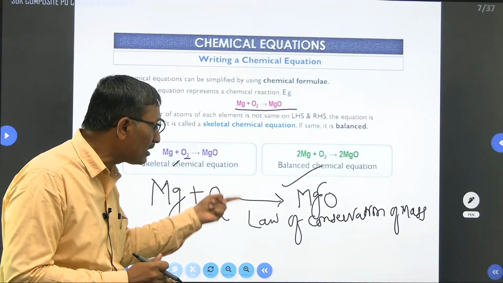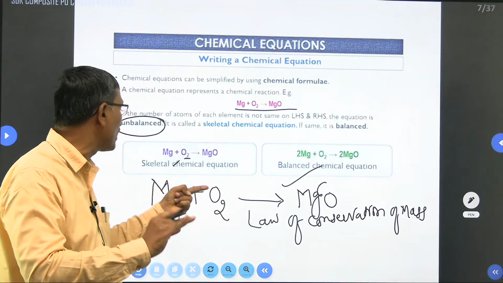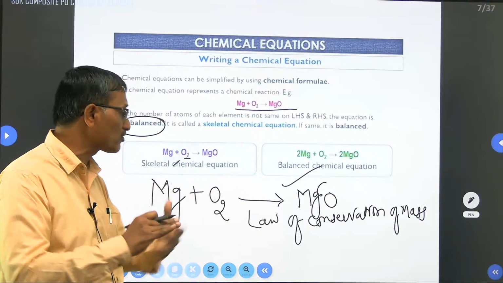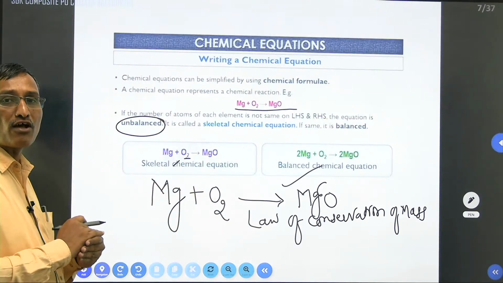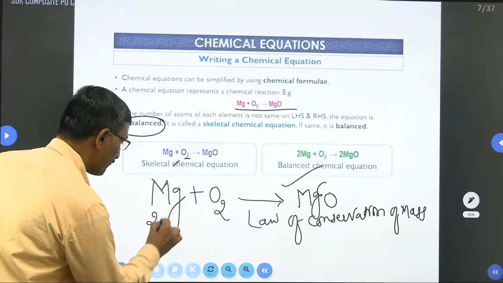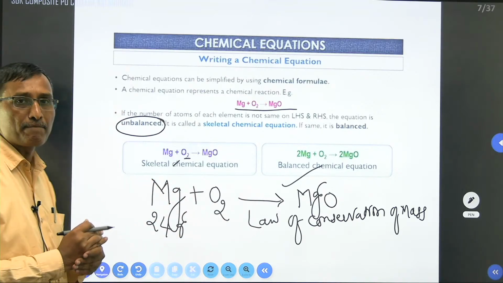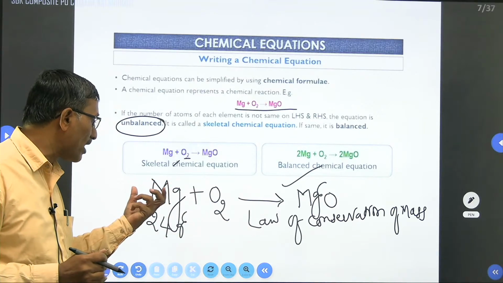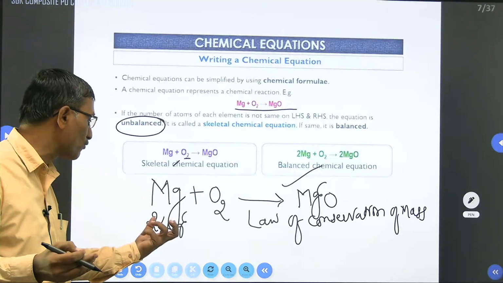This chemical equation is not balanced, hence it is known as an unbalanced or skeletal chemical equation. Why? Students, what is the atomic mass of magnesium? It is 24, taking it in grams, so 24 gram.